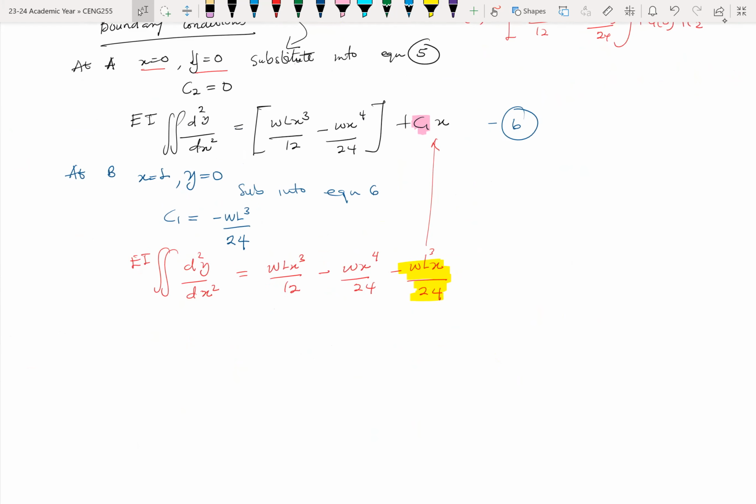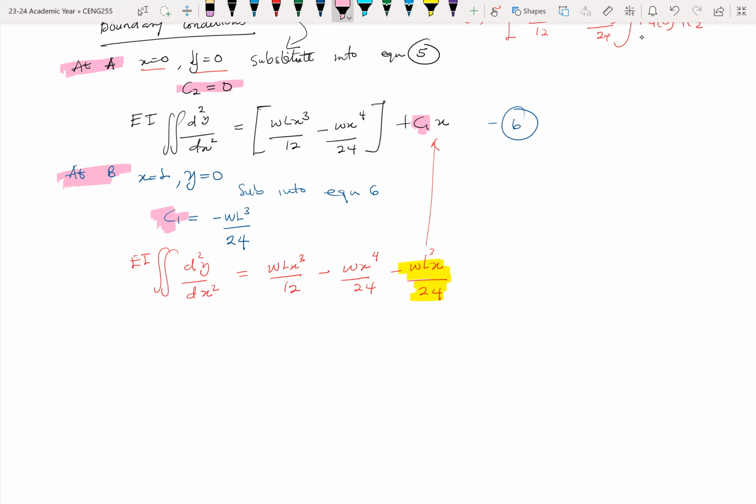So we have the first boundary condition to find C2, and the second boundary condition to find C1.